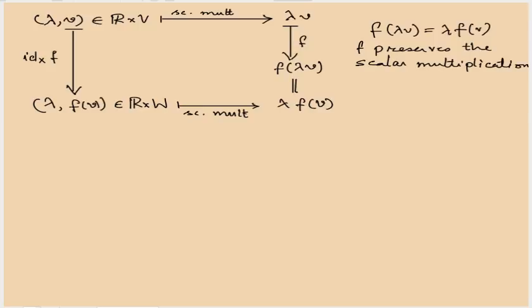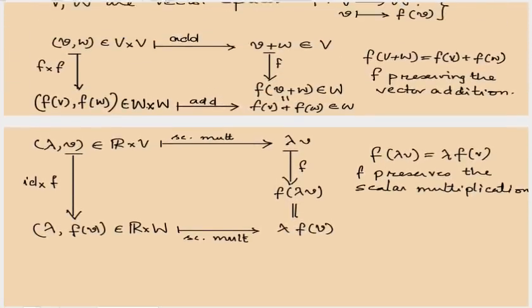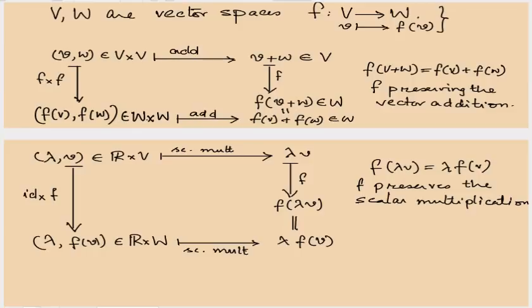So when I say that the function F from the vector space V to a vector space W preserves the structure, it means that it preserves the structure of addition. That means we have this equation, as well as when it preserves the scalar multiplication.